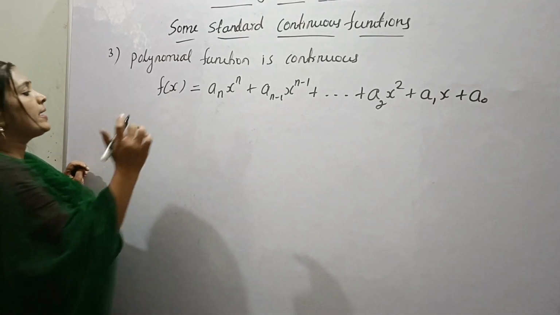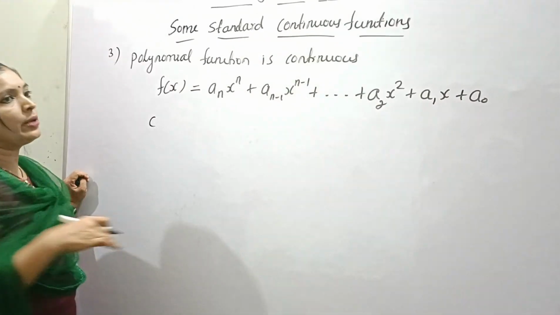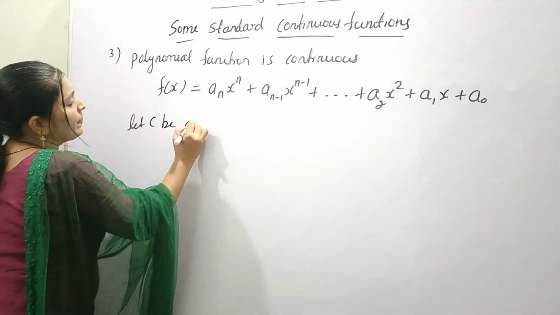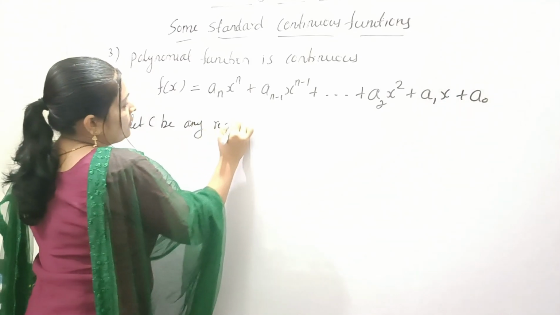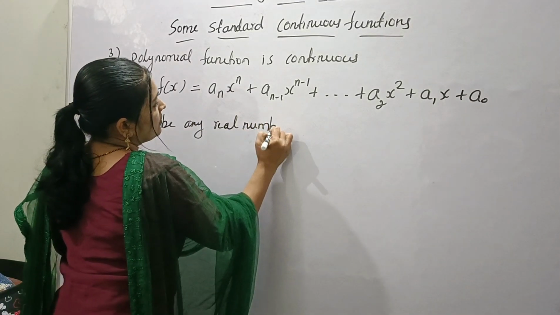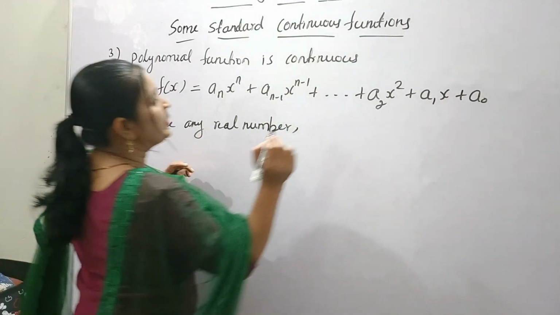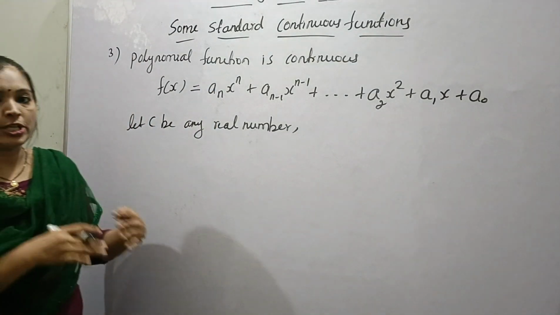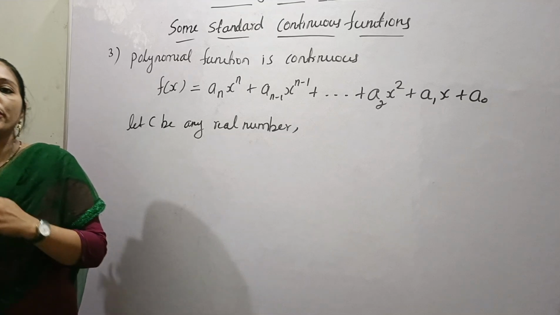Let us take any point from the domain. Let c be any real number. Now here also we have to prove limit x tends to c, f of x is equal to f of c.